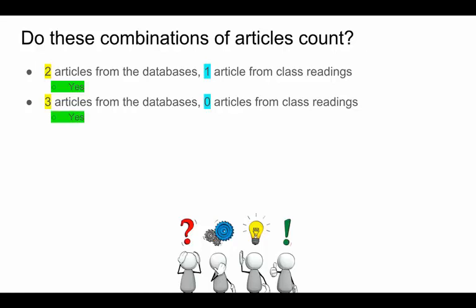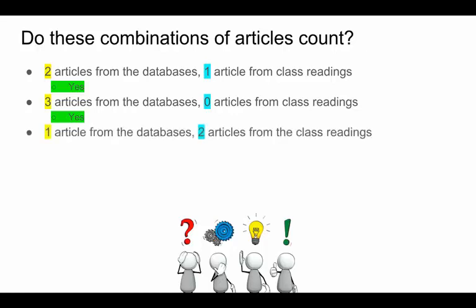Yes, this does meet the requirements for articles that you're going to use in paper 2. Because remember, the minimum is 3 articles total and 2 articles from the databases. This meets both those requirements. You don't have to use class readings, but they're there if you need to use some of those ideas.